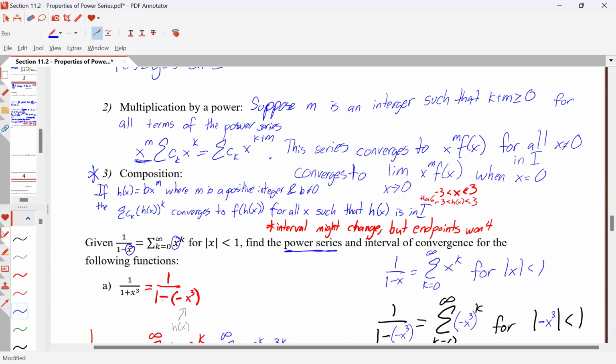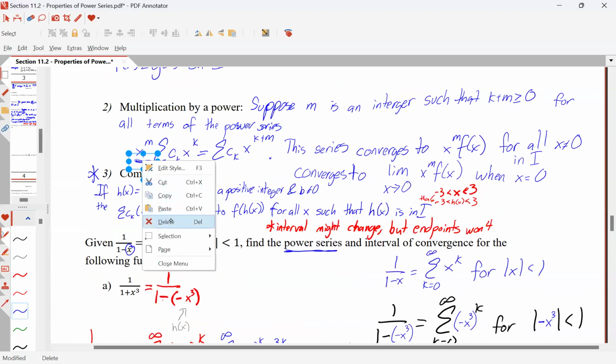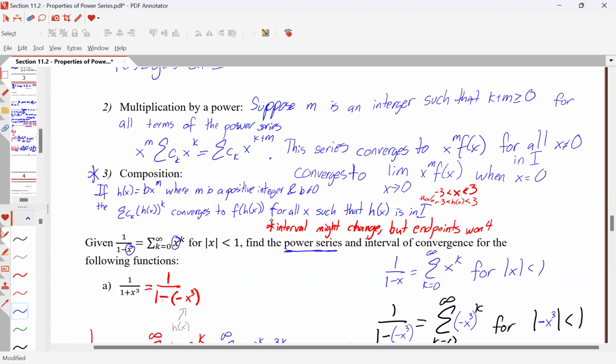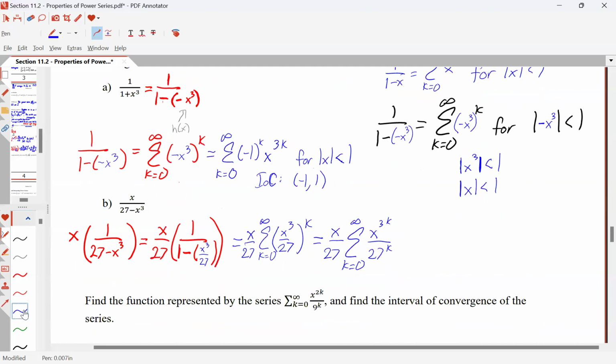So that x over 27 is something I can multiply into the series, making the series the sum k equals 0 to infinity of x to the 3k plus 1 over 27 to the k plus 1. 27 times 27 to the k is 27 to the k plus 1. X times x to the 3k is x to the 3k plus 1. So there is our power series.